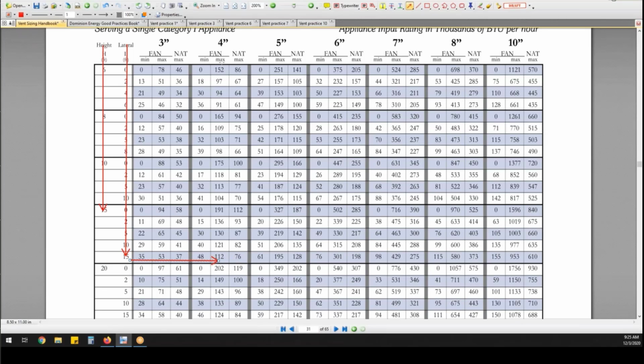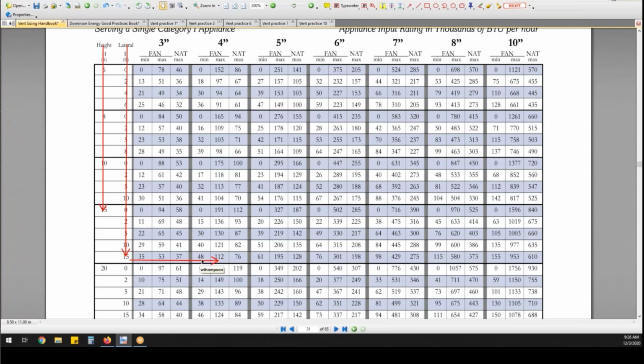My fan, the maximum amount of BTUs I can put through it is 112. And the minimum amount, now this is where it gets a little complicated and convoluted. I have to have at least a minimum of 48,000 BTUs of heat energy to make that flue work. Flues work because of hot gases. Gases rise up.